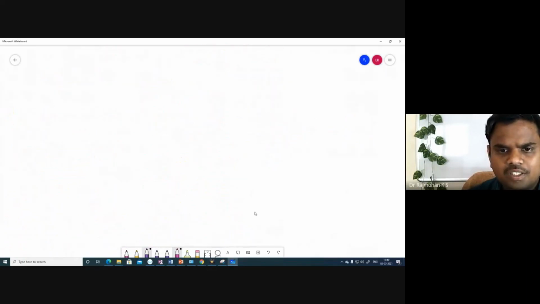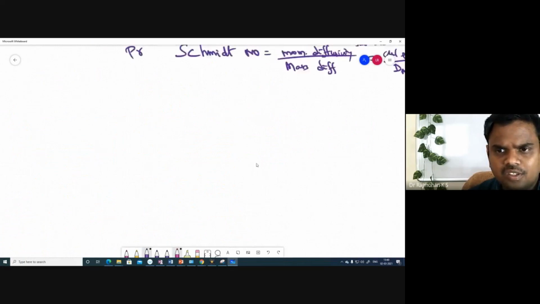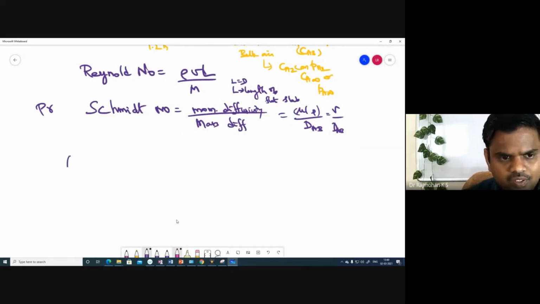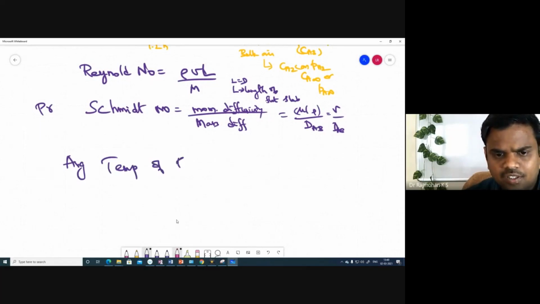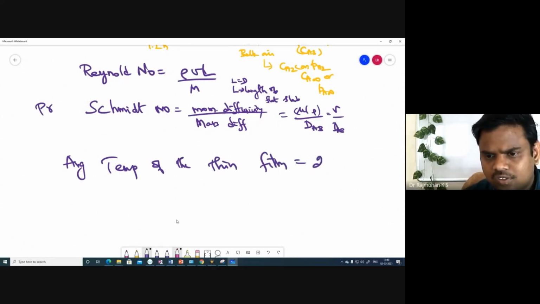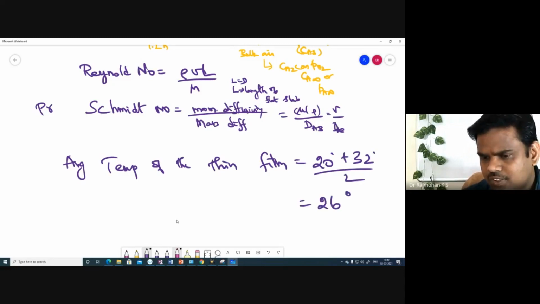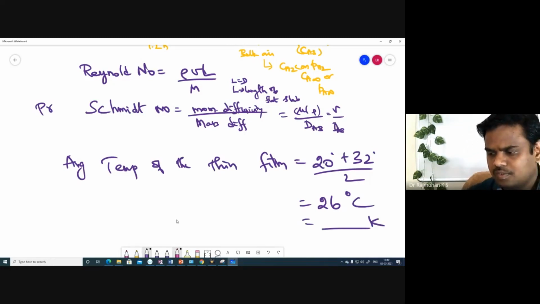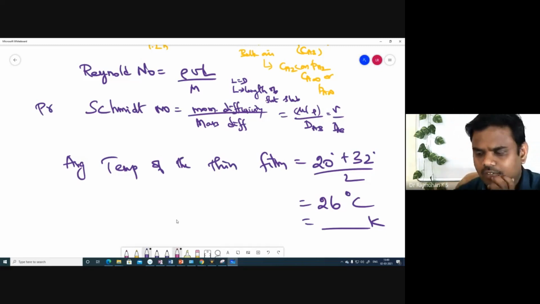The average temperature of the thin film is equal to (20 plus 32) by 2, which is 26 degrees Celsius. Or in terms of Kelvin, 273 plus this. You can write it in Kelvin also.